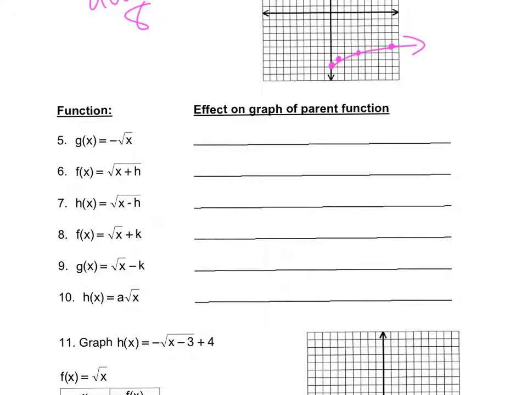All right, just to go over and review all of our transformations, the negative reflects over the x-axis. Inside under the square root, remember, is a horizontal shift, so that's going to the left because it's plus, so left h units.